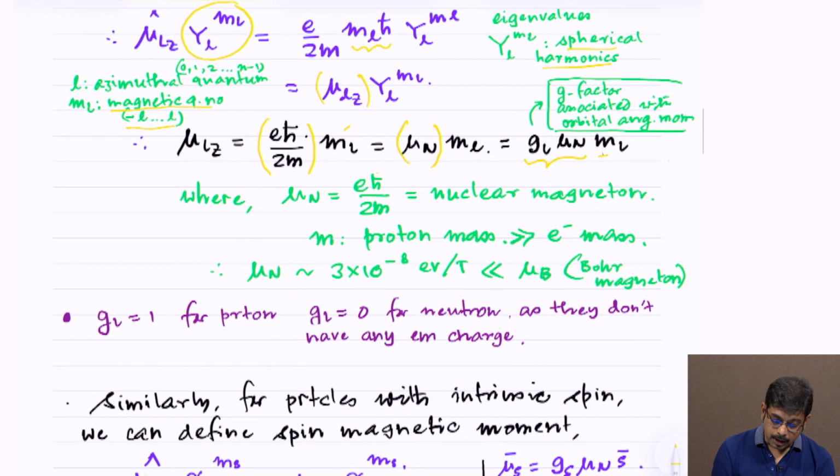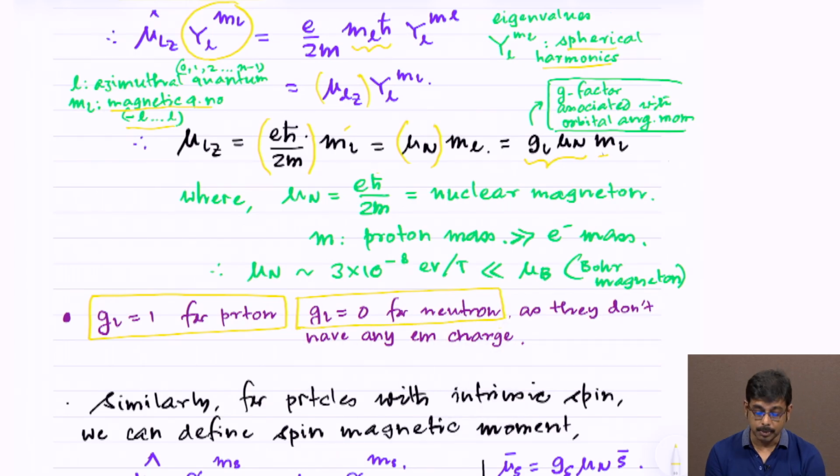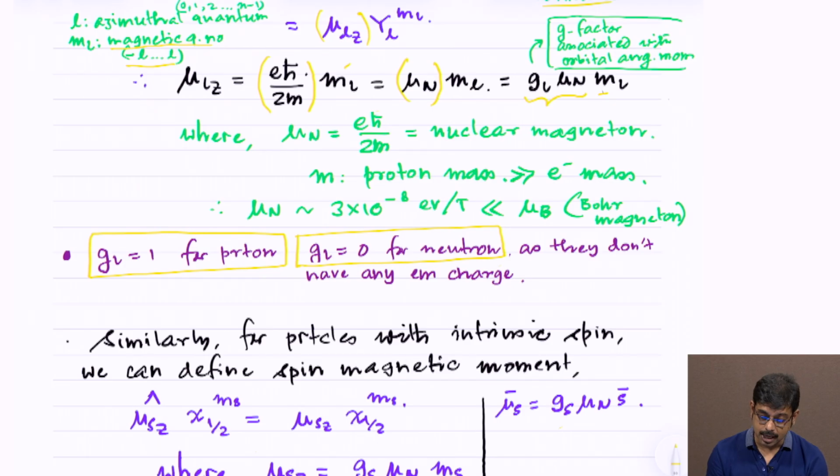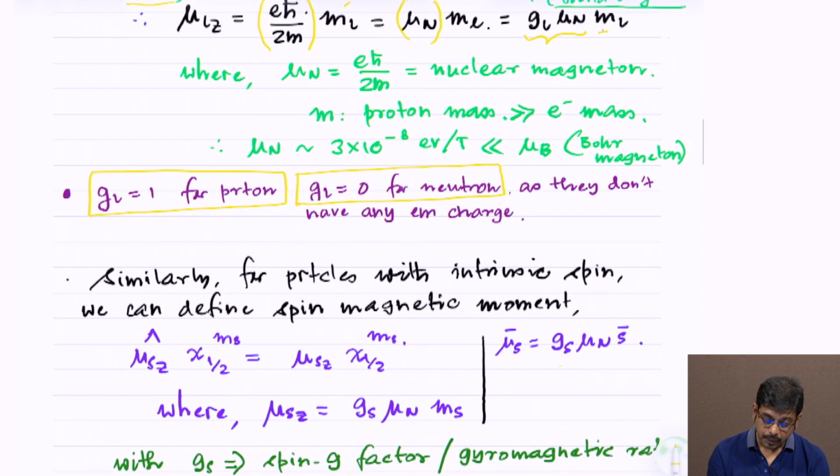For example, g L will be equal to 1 for proton, and g L will be equal to 0 for neutron, just because the neutron does not have an electric charge. So, the orbital magnetic moment associated with it will be identically 0.